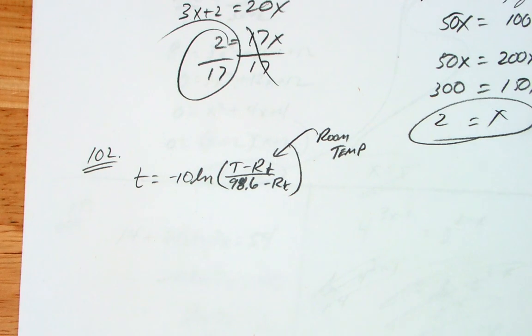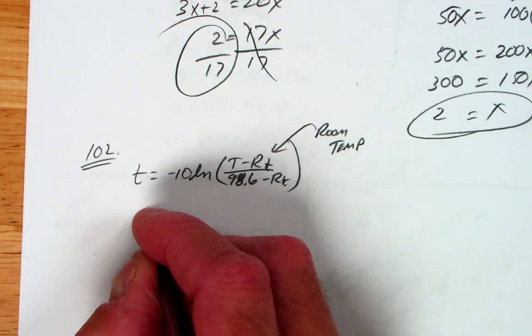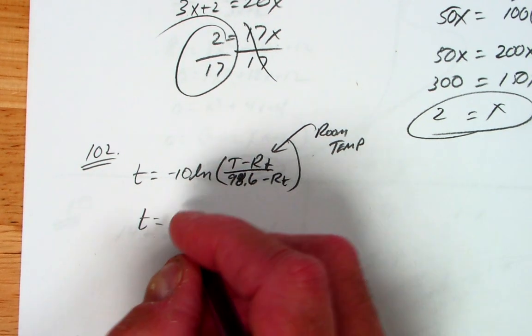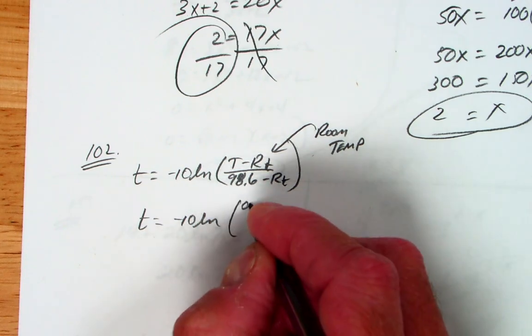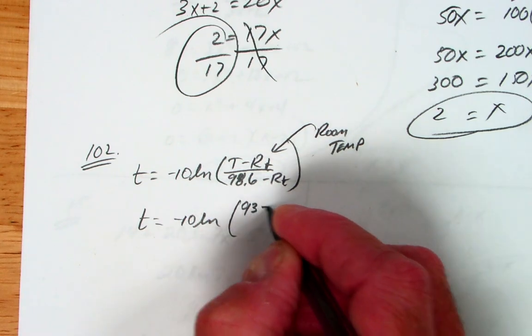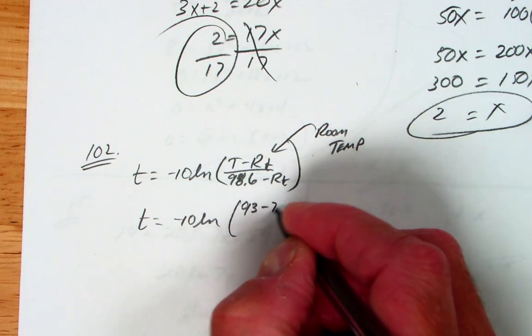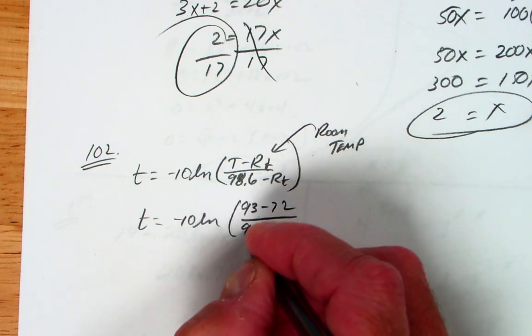A forensic pathologist measures the body temperature to be 93 degrees in a room that is 72 degrees Fahrenheit. What is the time of death? Okay, so -10 natural log of (93 minus 72) over (98.6 minus 72). I just think this is a very interesting problem.